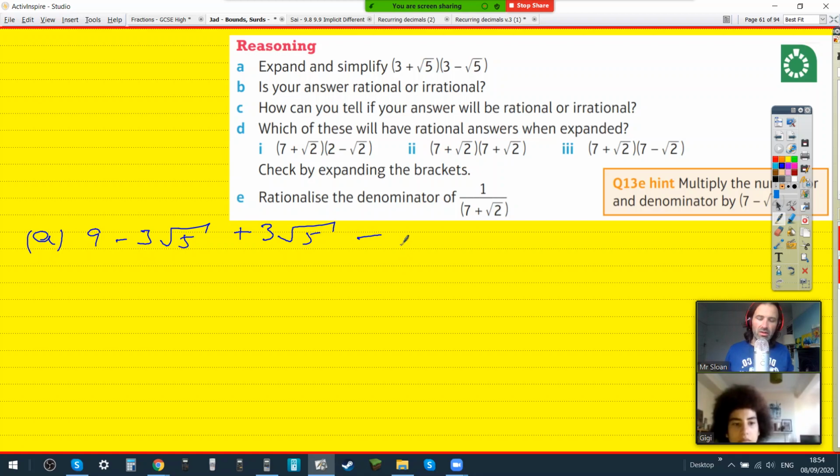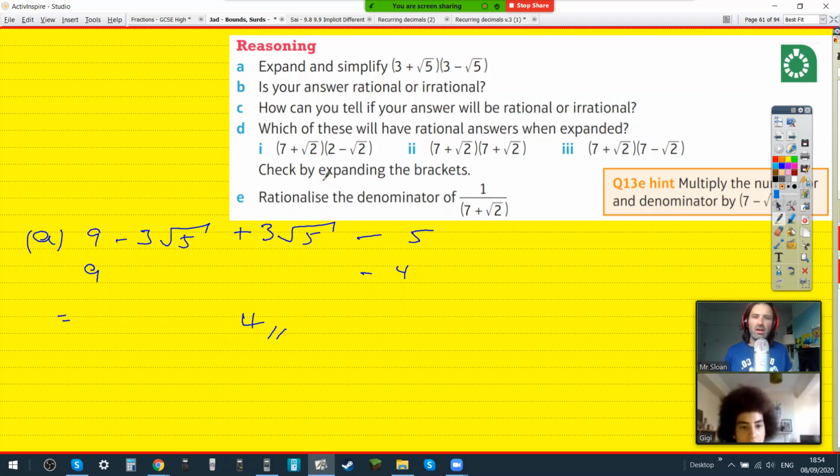What is root 5 squared? 5. Yeah, it's 5. And simplify. 9 minus 5 is 4. 3 root 5 plus 3 root 5 is, it's minus 3 plus 3, is 0, so just 4.